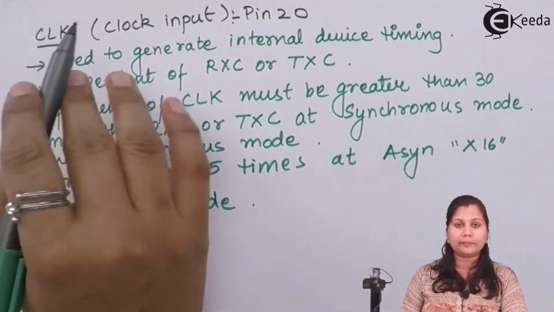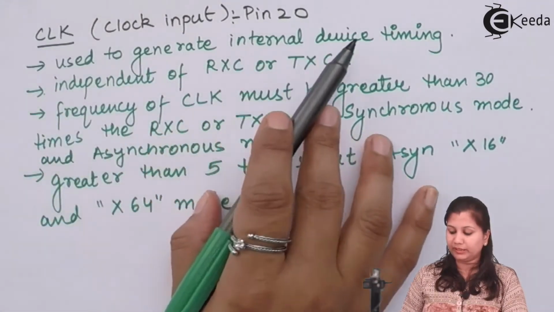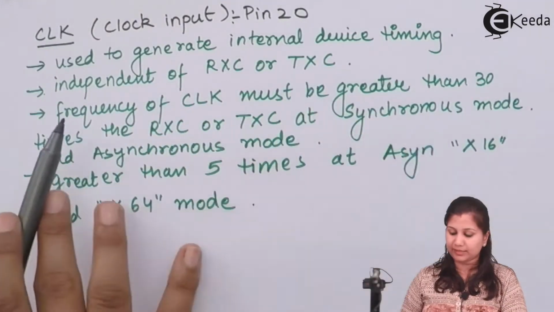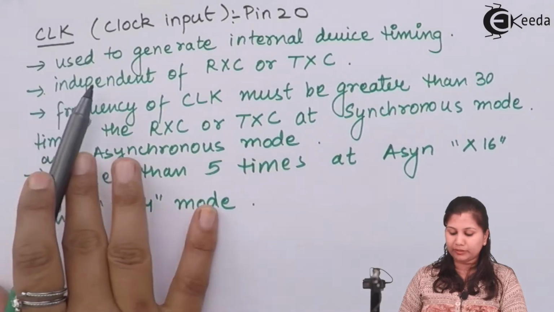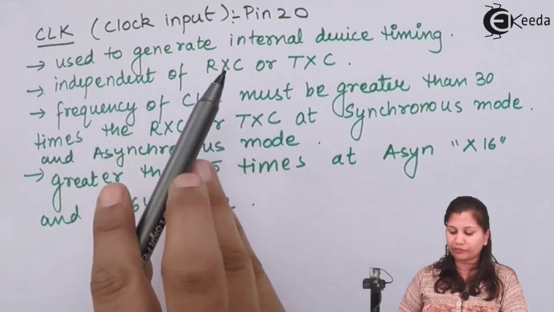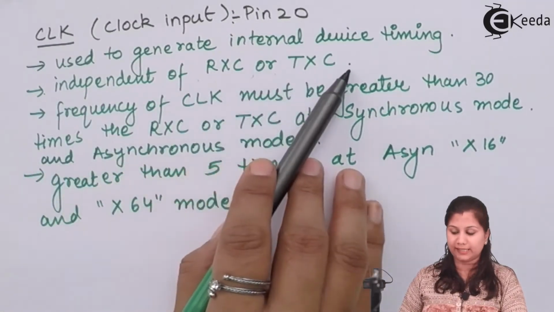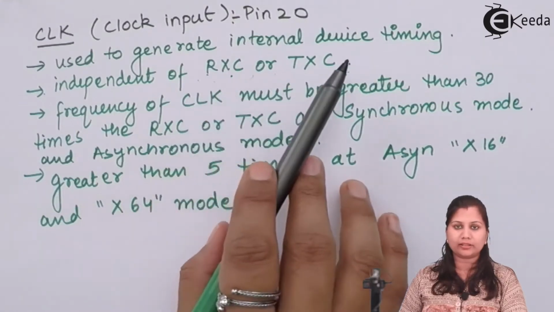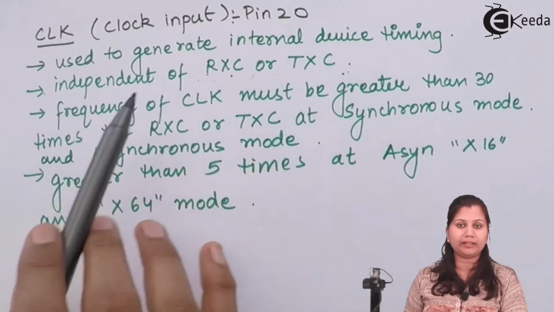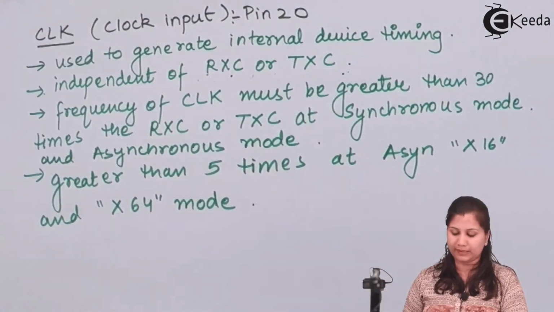This clock input signal is independent of the RXC and the TXC, meaning the receiver clock and the transmitter clock. It is independent of both these clock frequencies.